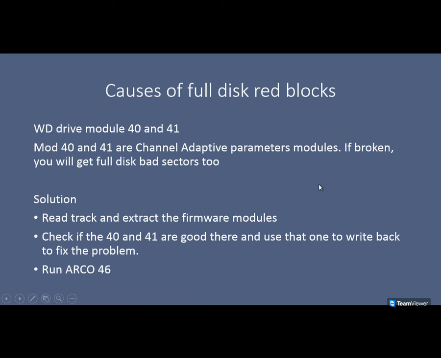And also you can run the Arco 46. So if you run the Arco 46, after the process, the module 40 and 41 will be generated by Arco 46. So if you cannot find the original modules 40, 41 from reading a track, or you cannot find the backup, you can run the Arco 46.